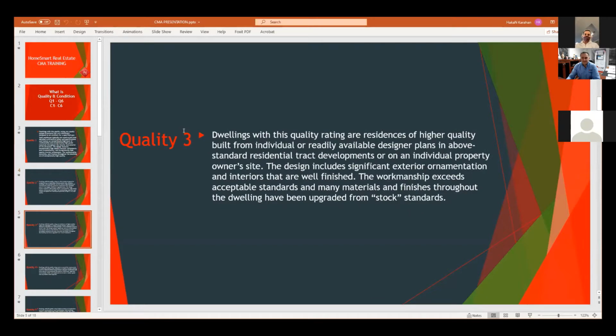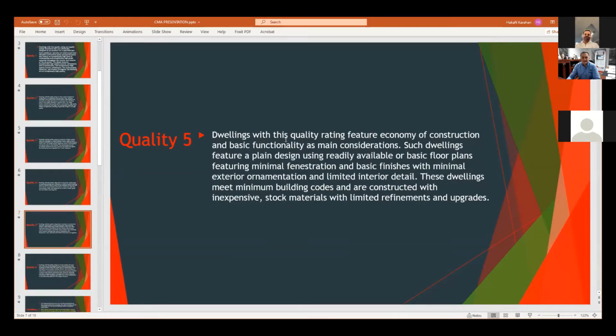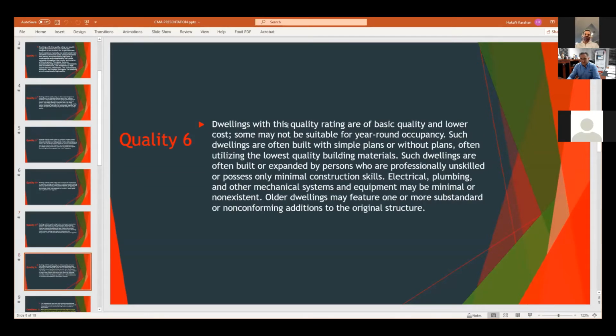And Q3. We're not going to go into details again with the condition because they are all the same thing, except one is quality and one is condition. So you can understand the difference between quality and condition of the property from its meaning. As you can see, everything is going from best to worst. So let's look at quality 6.